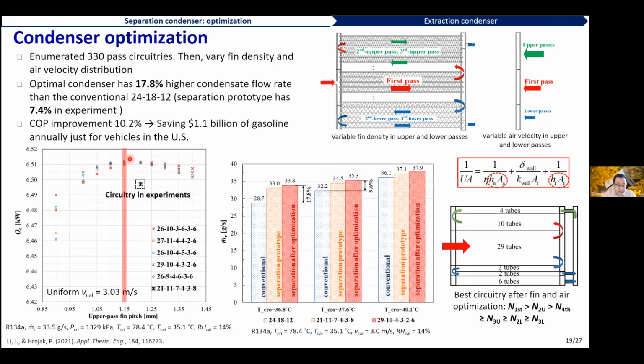And if we compare our optimal design after fin and air velocity optimization, we can see a further improvement of the condensate flow rate compared with the separation condenser prototype that I have shown from the experiments.